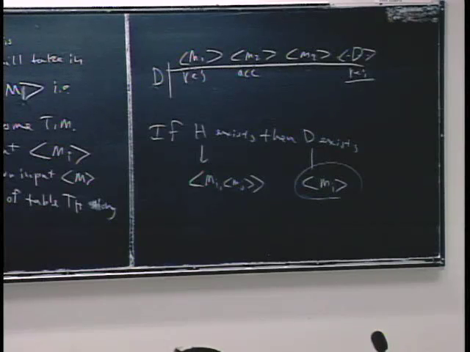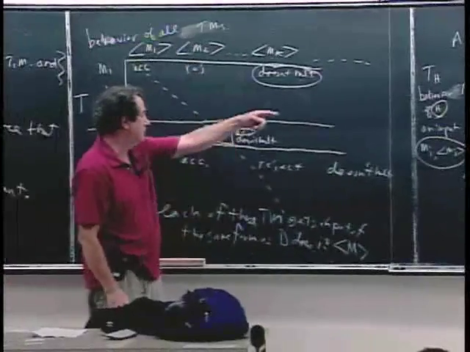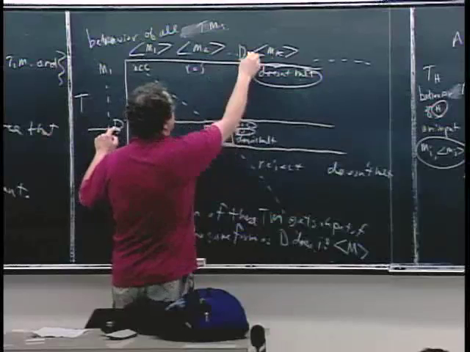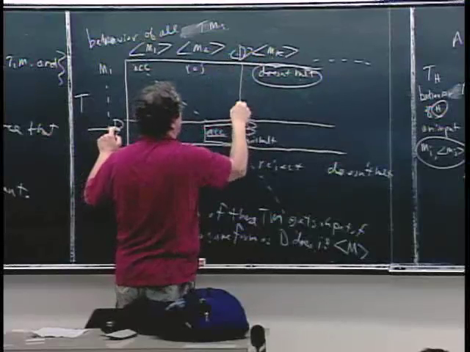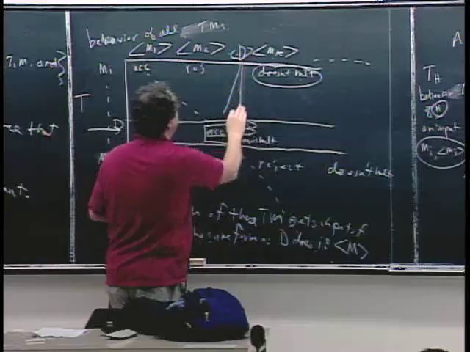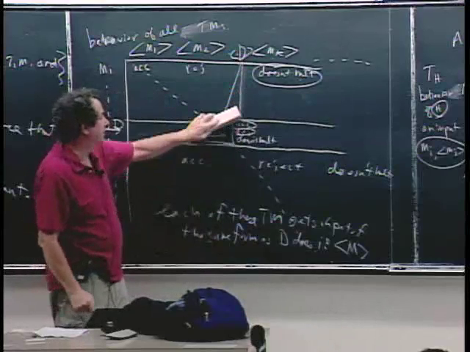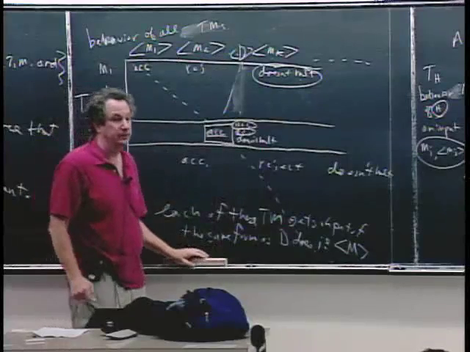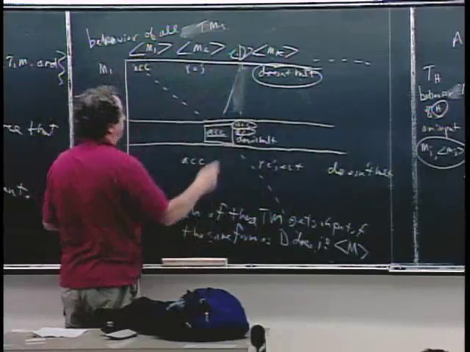Okay? Now what if this was a reject over here? By the way, since this is D here, this is D here. Along the diagonal, when the row is D, the column is D, since we're enumerating in the same order.